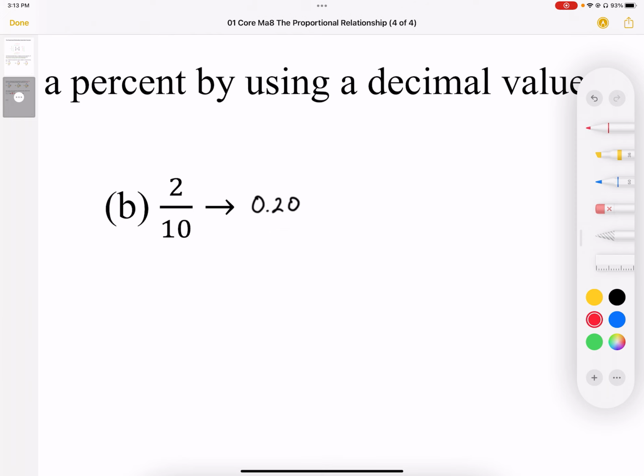And then converting that to a percentage, we end up with 20%. So we're moving that decimal over 2 places to get the 20%.